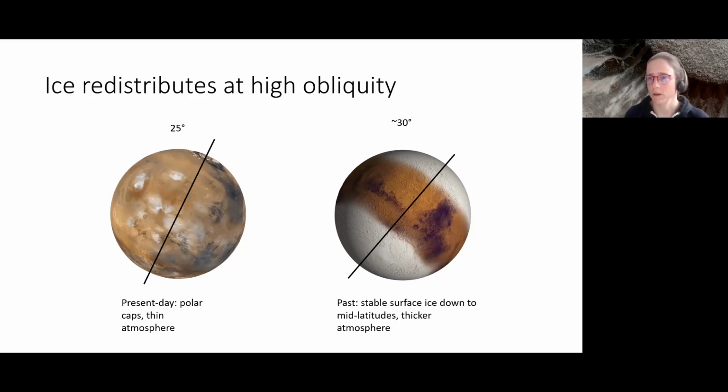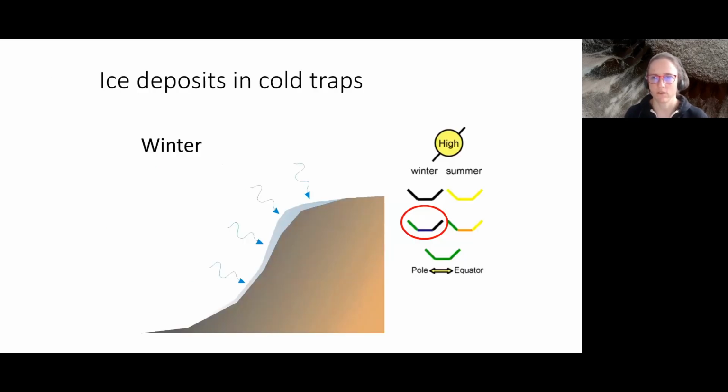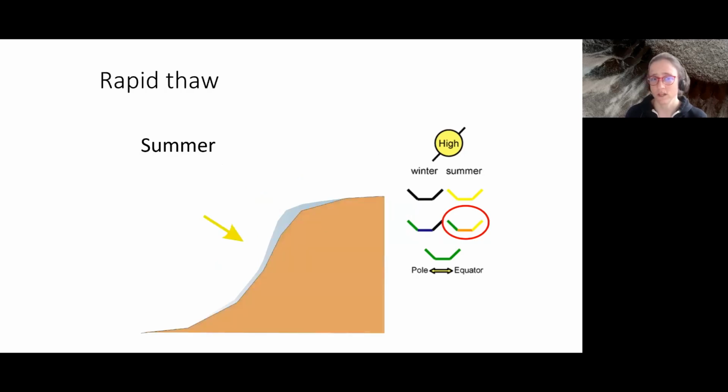And this probably means that we might achieve liquid conditions, temperature and pressure conditions conducive to liquid water, more often. So this is what people think might be happening for gullies on Mars, is that in the mid-latitudes where we find these gullies are most common, the pole-facing slopes are actually the coldest in winter, so they act as cold traps for the water ice. In summer, they're actually some of the warmest places on the planet.